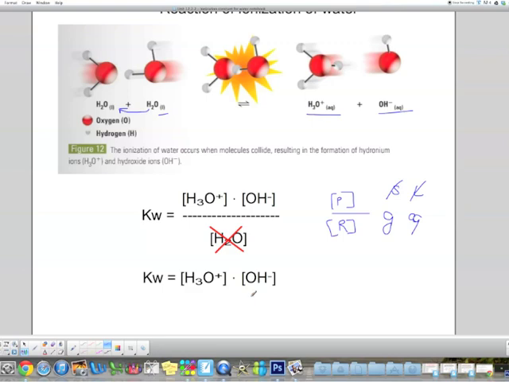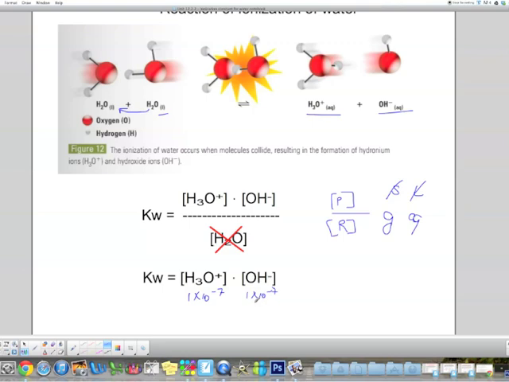Now we know that water alone is neutral. So for water, 1 times 10 to the negative 7 would be the concentration here, and 1 times 10 to the negative 7 would be the concentration here, because it's a neutral substance. A pH of 7 translates into this concentration of H plus or H3O plus.